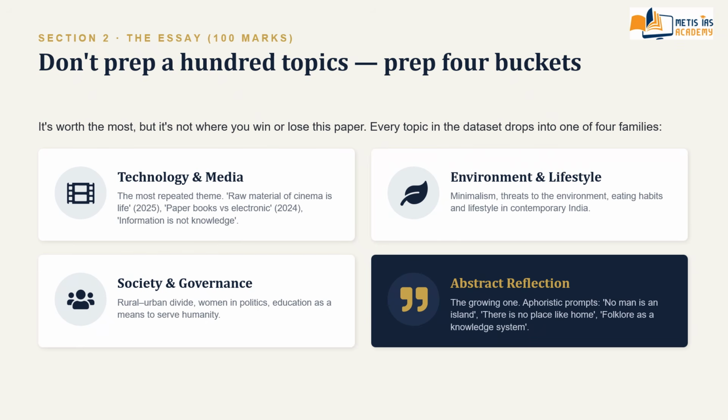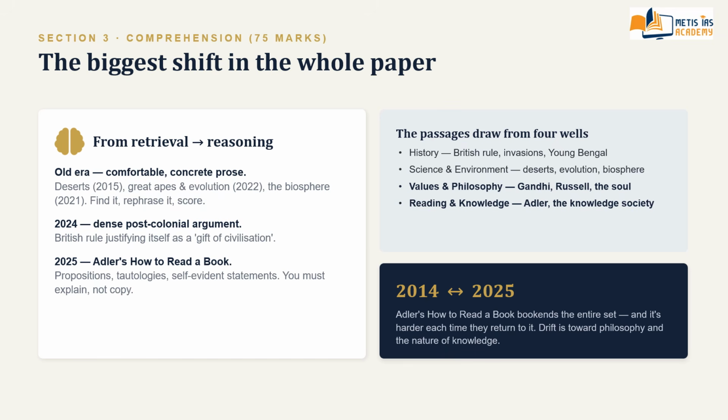If you zoom out, every essay topic drops into just four buckets. What are those buckets? Technology and media, society and governance, environment, and the ever-present one, abstract reflection, the aphoristic prompts like no man is an island, or there is no place like home.